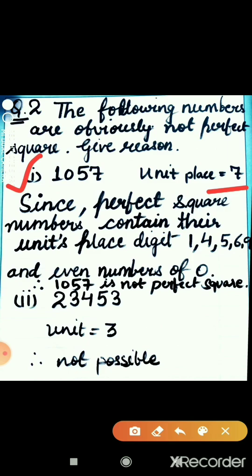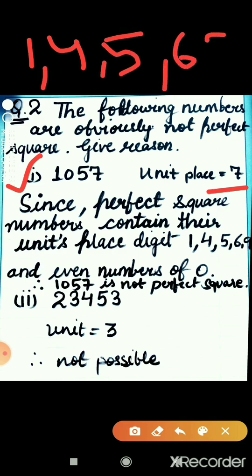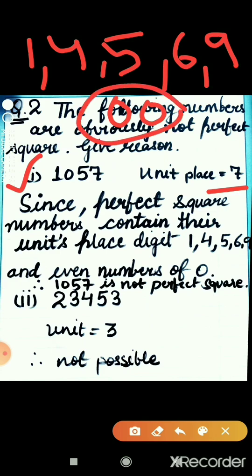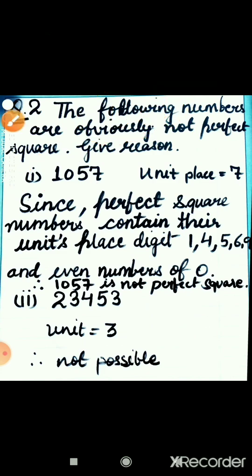And we know that if a number ends with 1, 4, 5, 6, 9 and even numbers of 0, then only the number is a perfect square. This number is not a perfect square because it ends with 7. Got it? Next part.